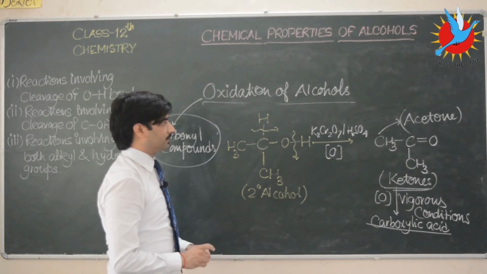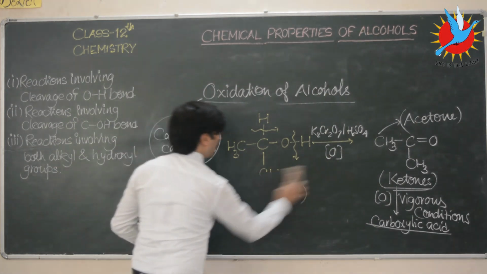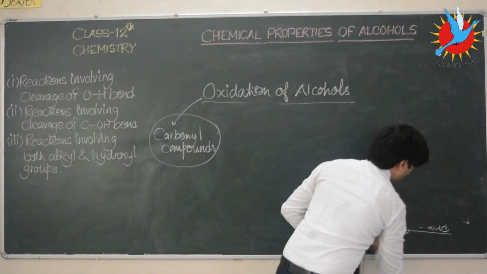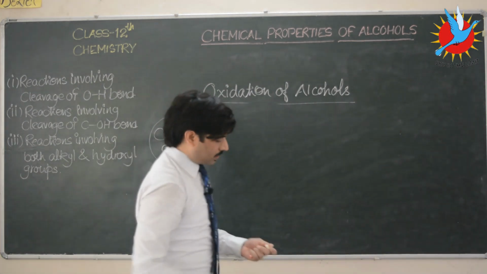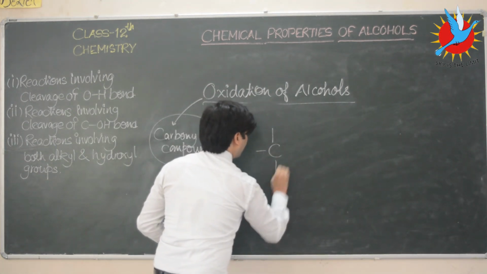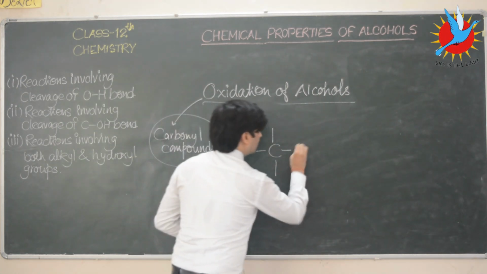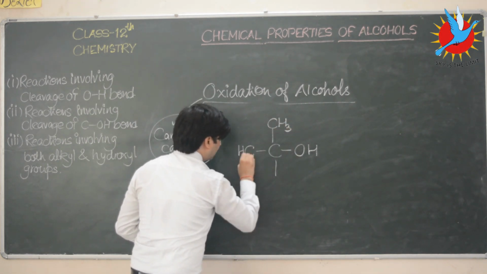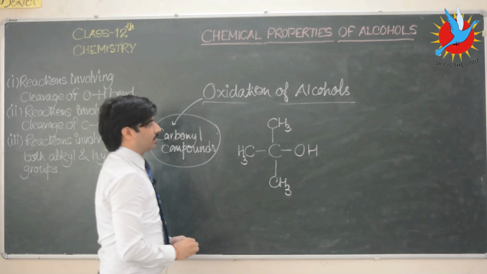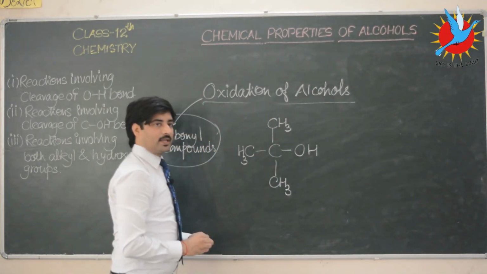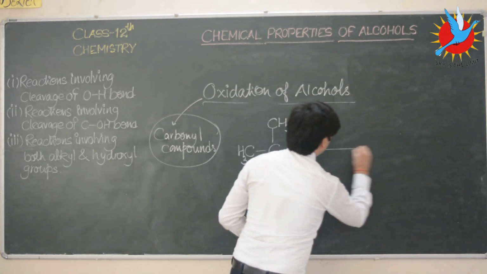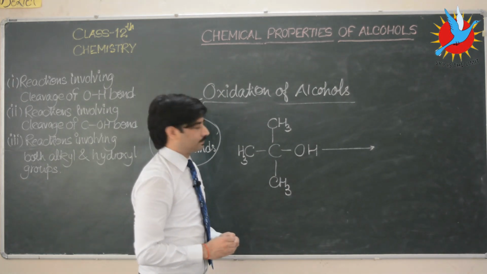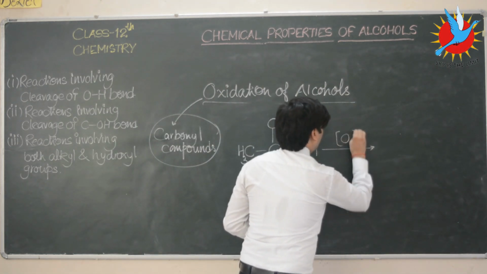Now we are talking about tertiary alcohol. Tertiary alcohols are those alcohols in which the carbon atom attached with the hydroxyl group is attached directly with 3 other alkyl groups. So there is no CH bond, and due to the absence of the CH bond or alpha hydrogen atom, they never undergo oxidation.